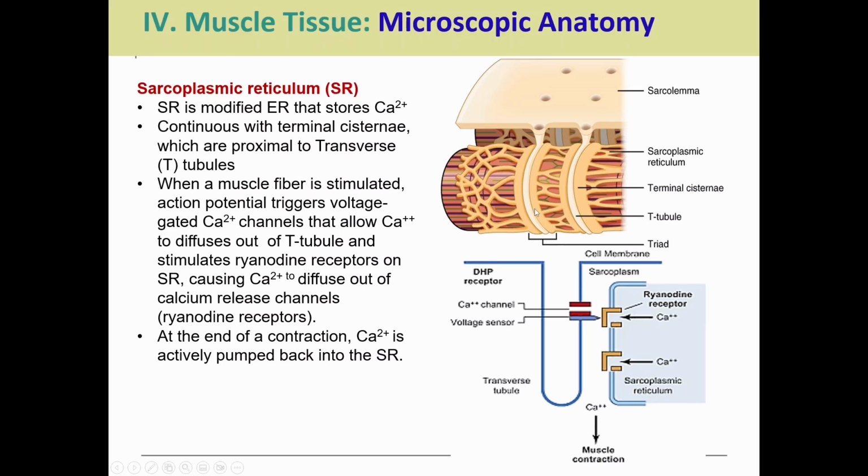It will then talk to the sarcoplasmic reticulum, causing more calcium to diffuse out, and that will be used in muscle contraction. I'm not super worried about some of these extreme details, but you should know about the calcium stuff.